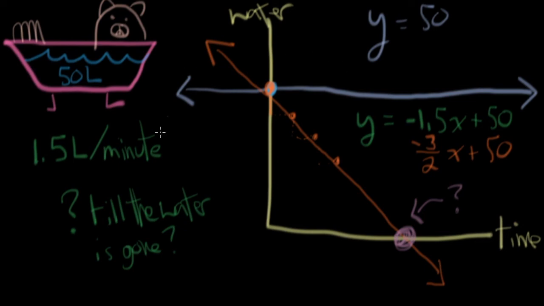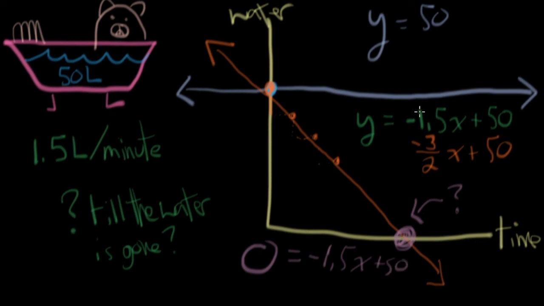And the question was, when is this time? So what is our y value going to be? Our y value is going to be 0. So I want to know, when is there no more water if we have this rate and we already have this?